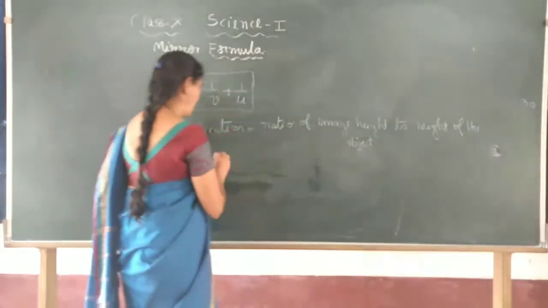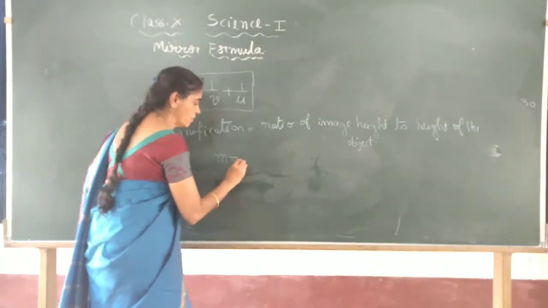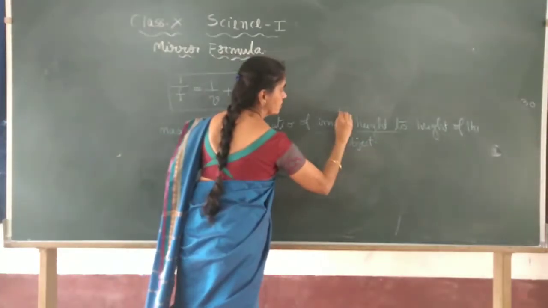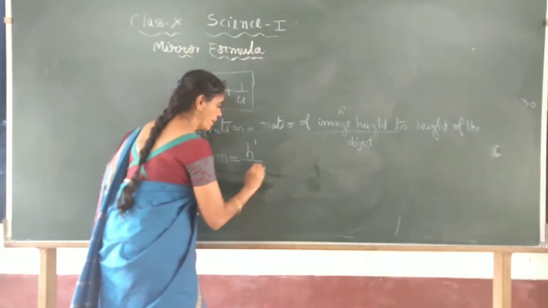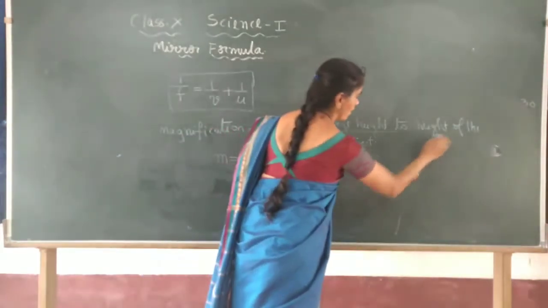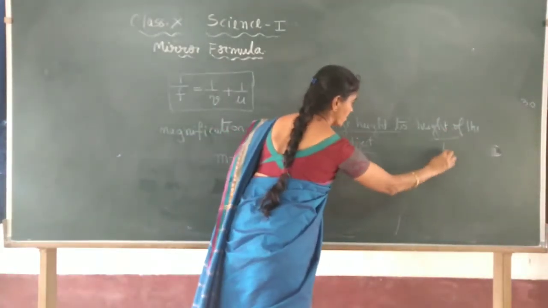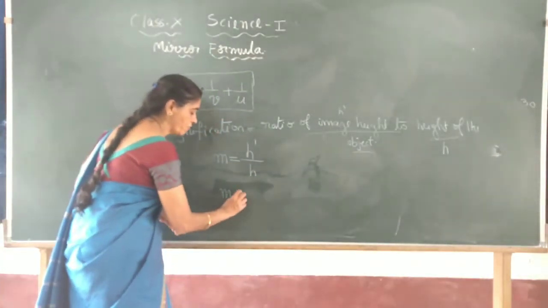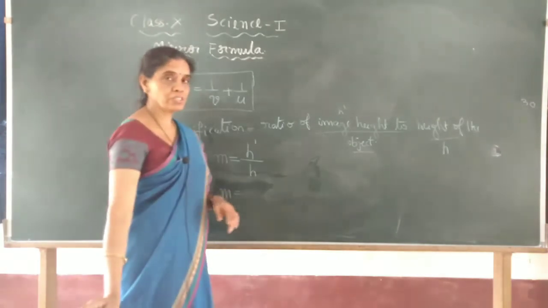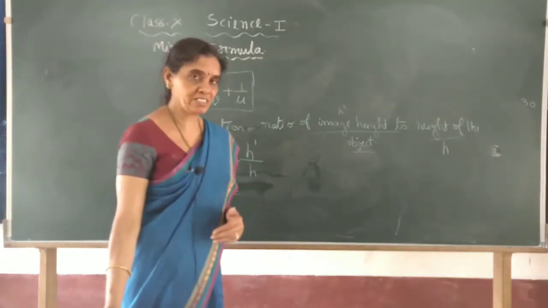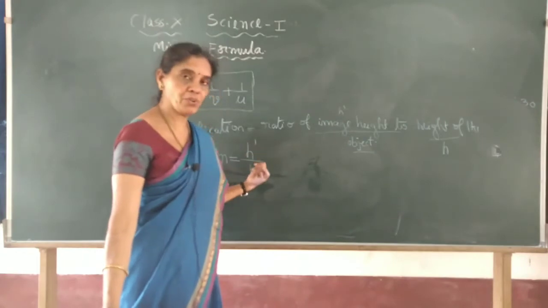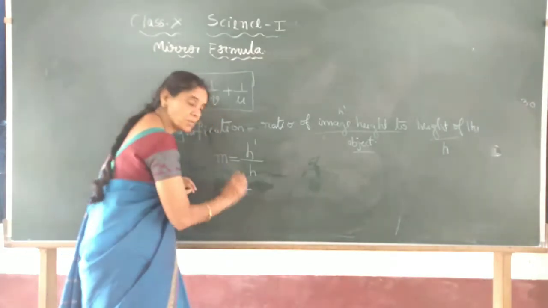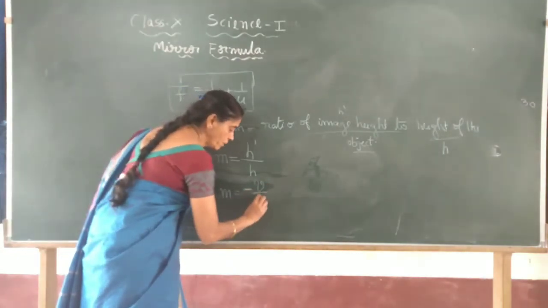That is, m is equal to h dash divided by h, where h dash is the height of the image and h is the height of the object. It is also expressed by another formula, where we can use the image distance and object distance, if we don't know the heights. It is given by minus v by u, that you have to remember.